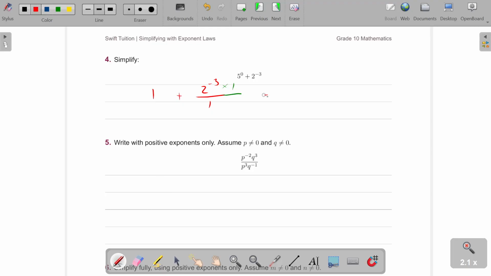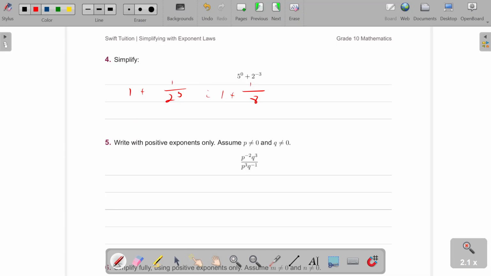Okay, then this is going to become 1 plus, and now I don't like negative exponents. I want to bring it to the bottom, but it's going to become positive when I do that. So it's going to be 2 to the power of 3. And then at the top, I'll still have the invisible 1. So in other words, right now I've got 1 plus 1 over 2 to the power of 3. Now, this is the same as saying 1 plus 1 over 8.